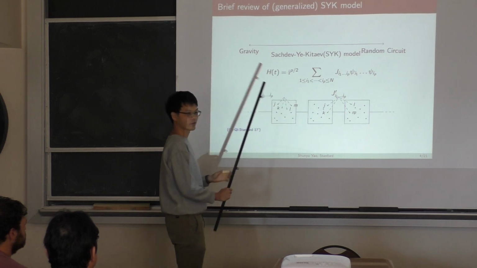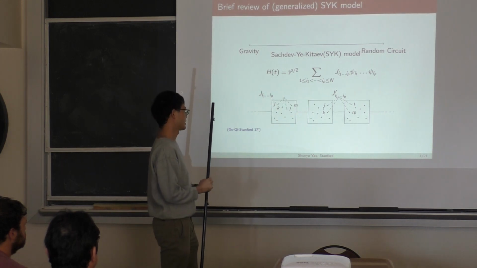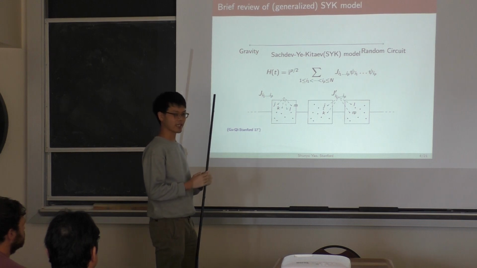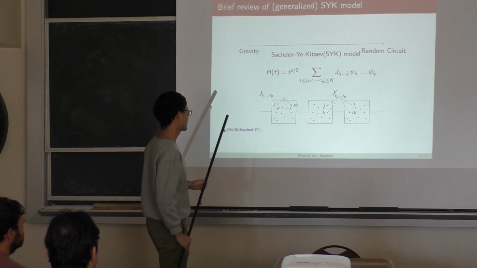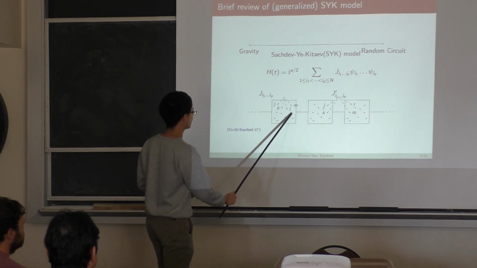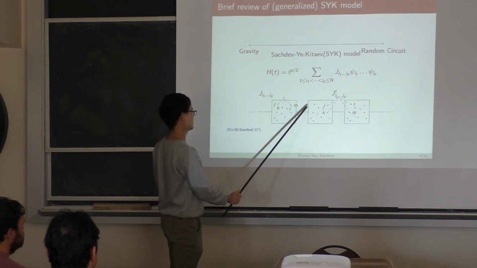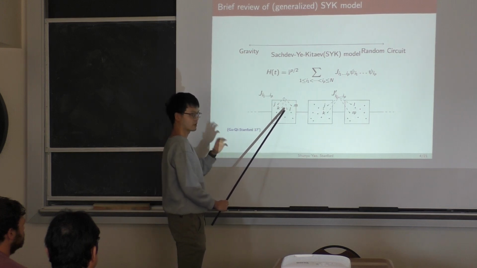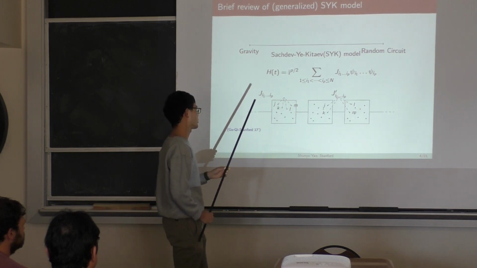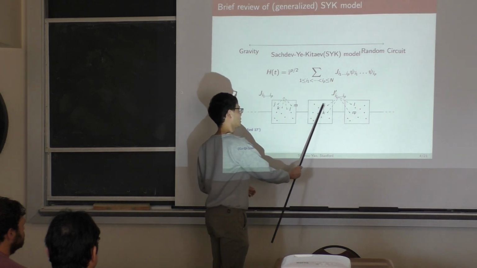One generalization of that model is you can construct an SYK chain. That's a model for a 1 plus 1D strongly interacting system. What you do is you put this SYK cluster on each side, and you still have the interaction within each side, but also you add interaction between two sides.